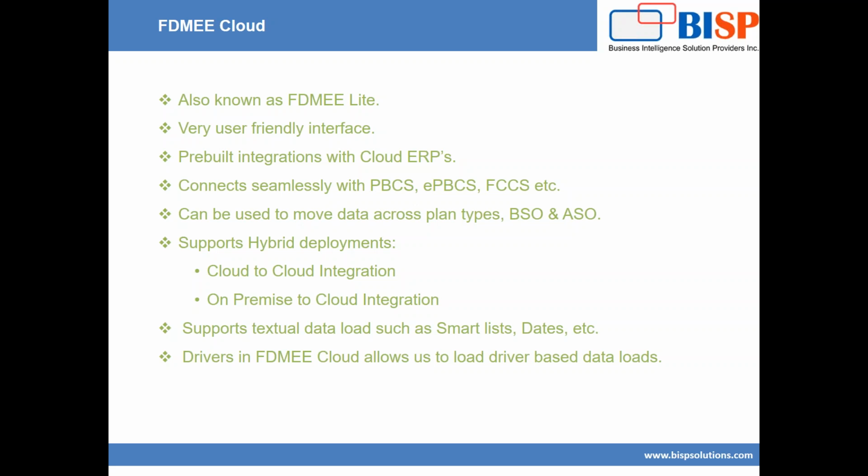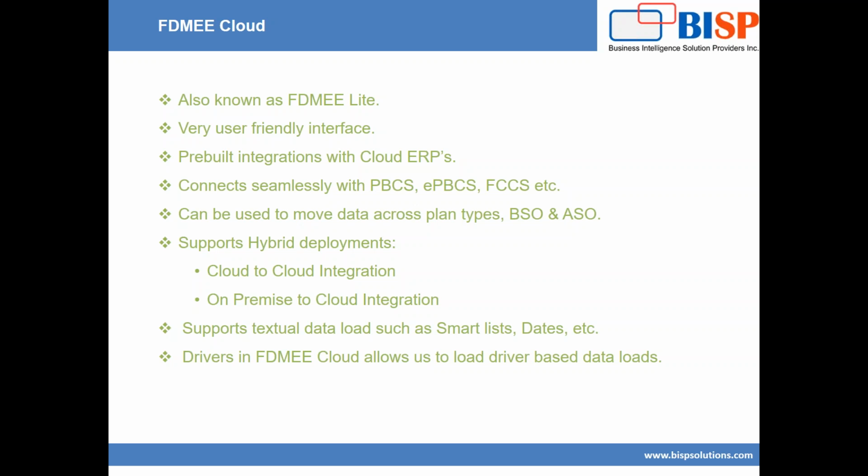All these products, PBCS, ePBCS, FCCS, can be deployed in a hybrid format. When I say hybrid format, you can connect them to a cloud FDMEE, and you can also connect them to an on-premise FDMEE. So let's say you want to move data from an on-prem HFM application to a cloud PBCS application. It is possible using on-premise FDMEE.